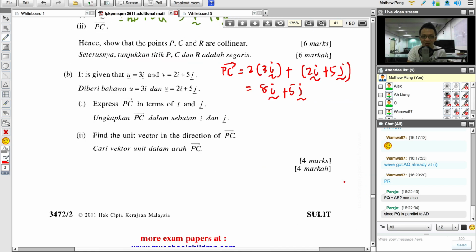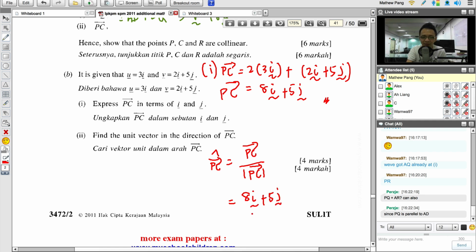Part number 1. The second part, unit vector. You must understand the formula for the unit vector of PC. It's just the vector of PC divided by the magnitude of PC. The vector of PC we got already is 8I plus 5J, divided by the magnitude. Magnitude means the length of PC.